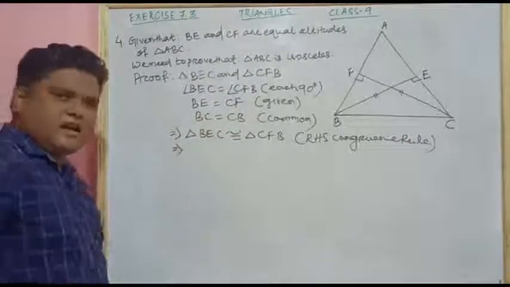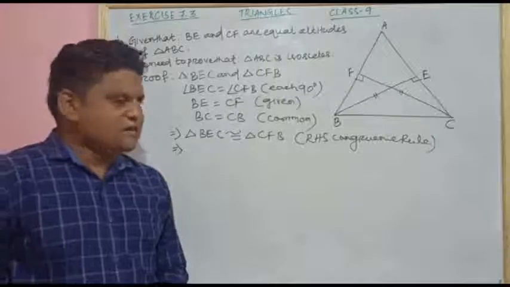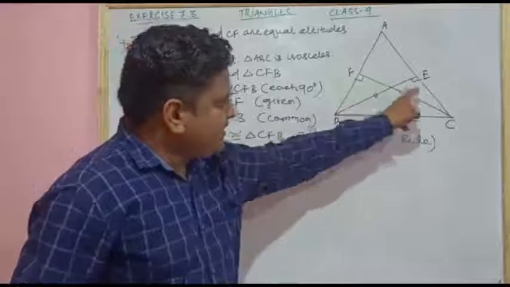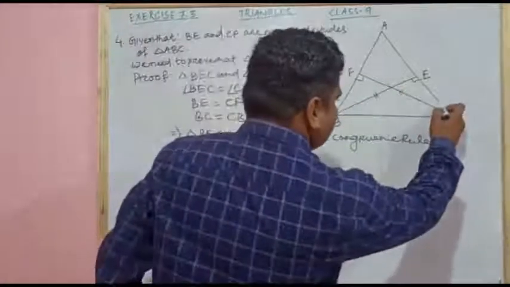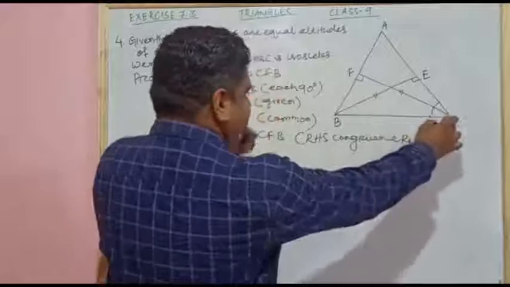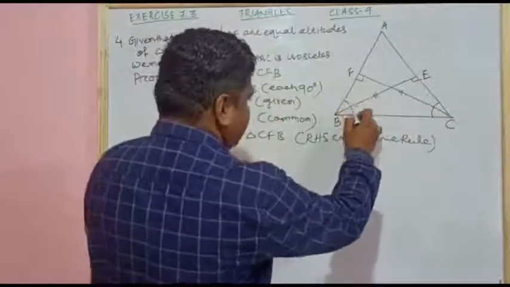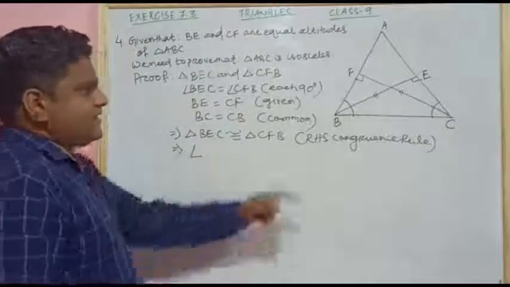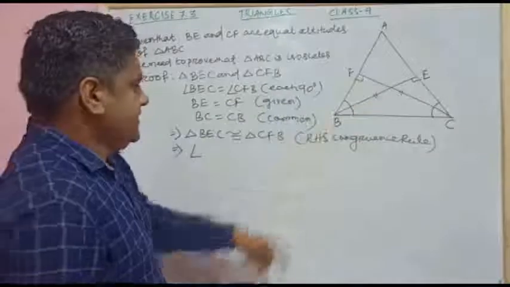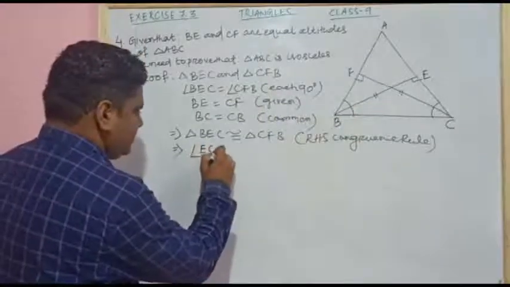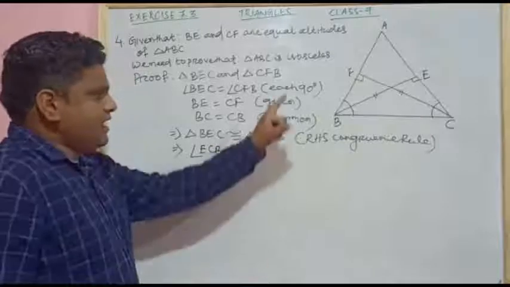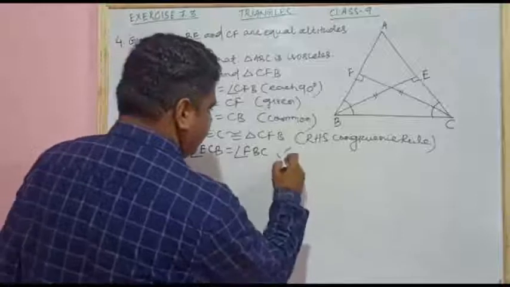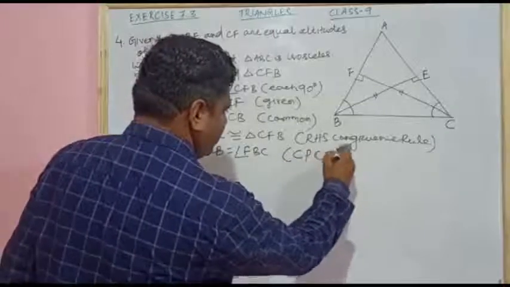If two triangles are congruent, then their corresponding parts are also equal. From here we can write angle in triangle BEC, angle C, and in triangle CBF, this angle, means angle C equal to angle B. Let's write that angle ECB is equal to angle FBC by corresponding part of congruent triangles.